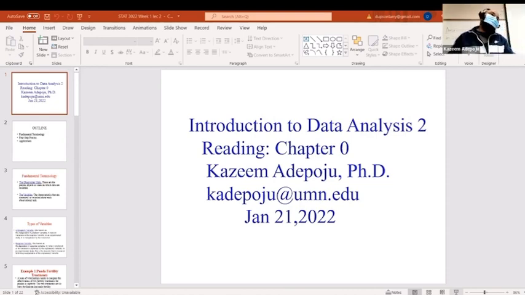Now I'm going to start with the first terminology, called the observational unit. When I say observational unit, I'm referring to an experimental unit to which treatment is applied. For instance, if I'm talking about the score of students, the observational unit is students. If I want to get the blood pressure, the weight, or the height in a hospital, the observational unit will be patients.